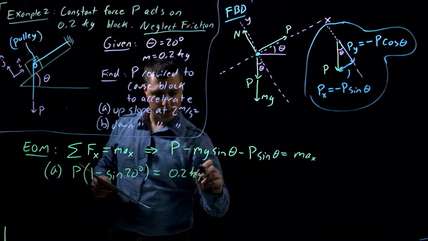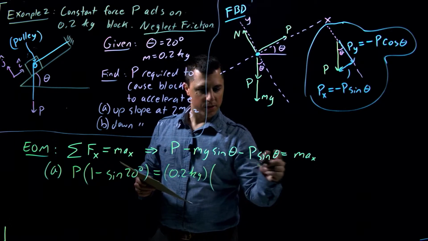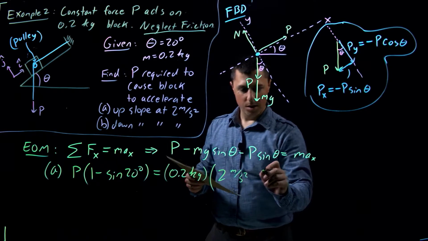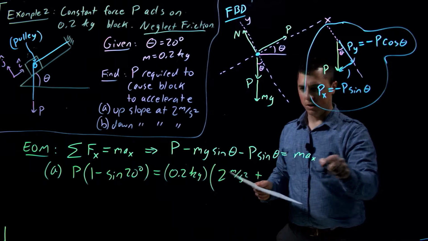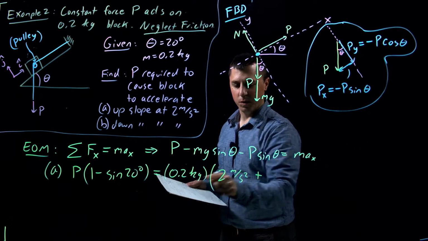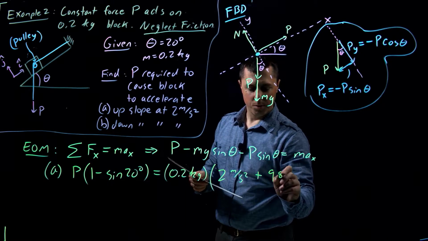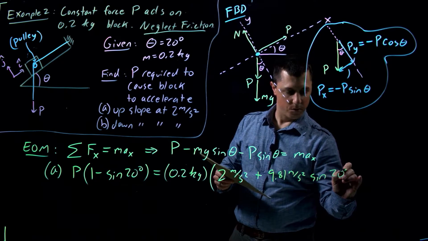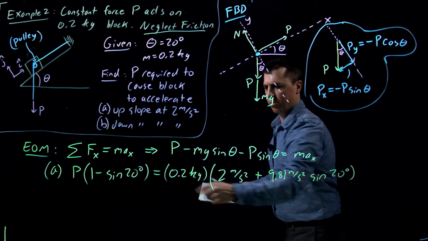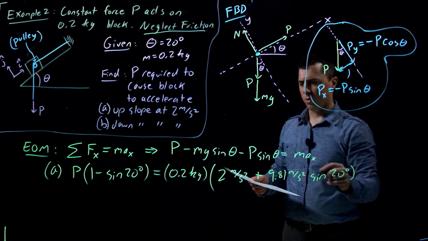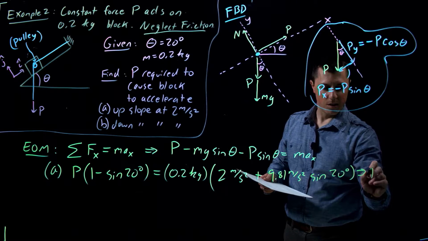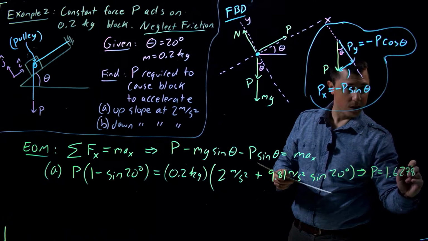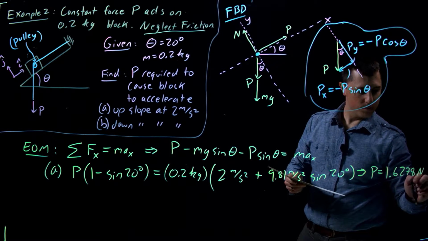So 0.2 kilograms, acceleration is 2 meters per second squared in the x direction, plus, and I pulled this term to the other side, that also has a mass in it, so we have this inside the parentheses, 9.81 meters per second squared times sine of 20 degrees. And plugging in all those numbers, divide by 1 minus sine of 20 degrees, and we find that the P required to do this is 1.6278 newtons.